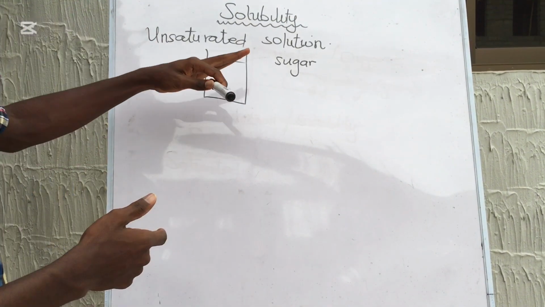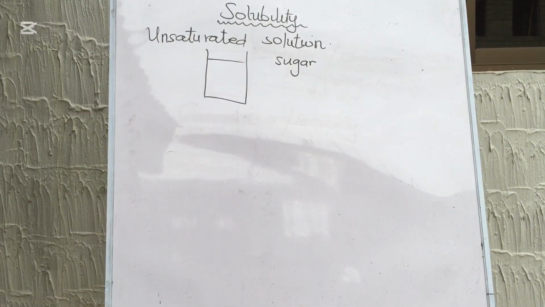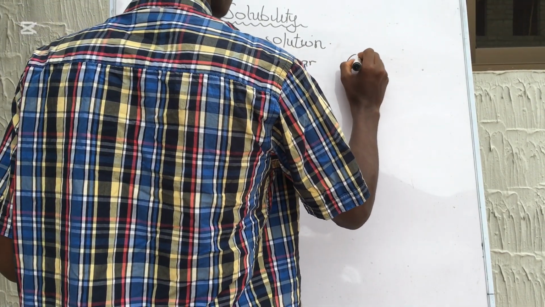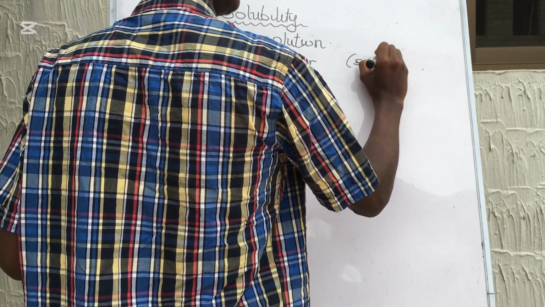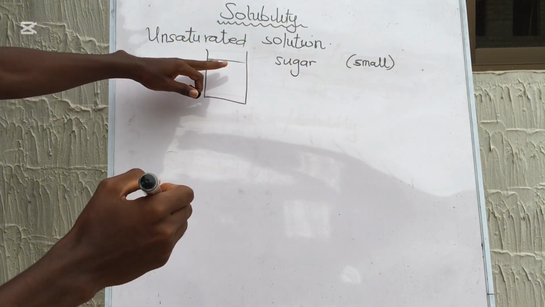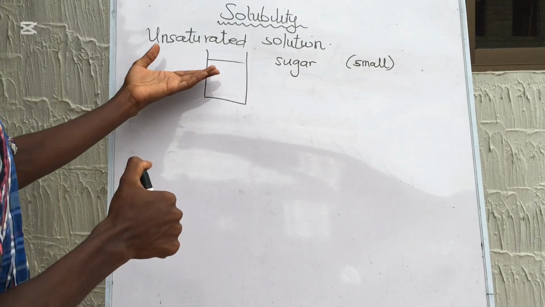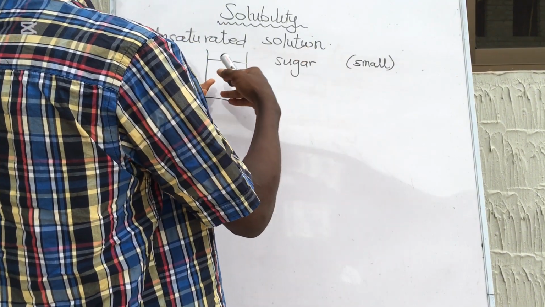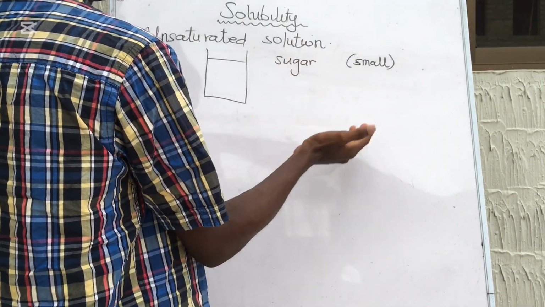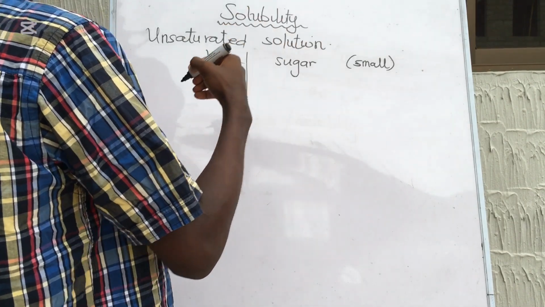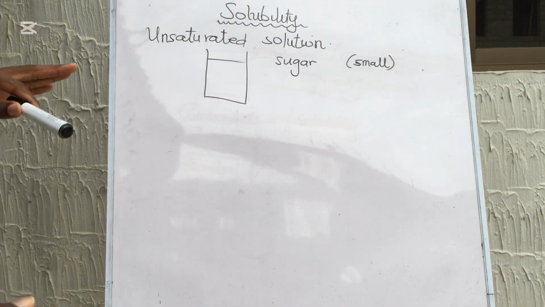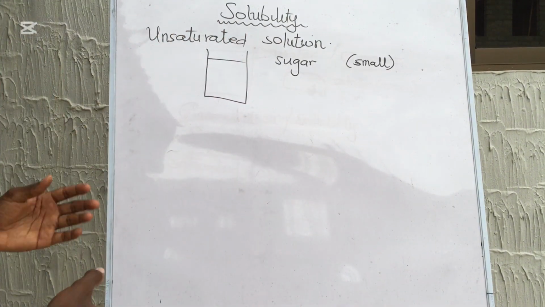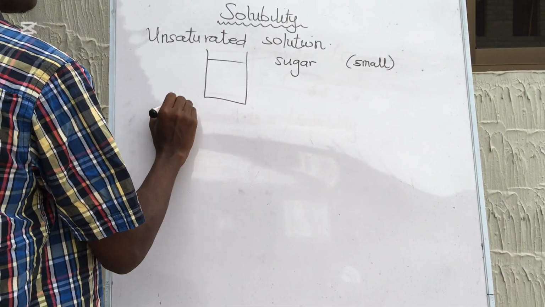Or you can have a salt dissolved in water. If you dissolve a small amount of sugar in the solvent, then we say the solution is unsaturated, because you can still add some sugar and it will still dissolve. An unsaturated solution is a solution that can still dissolve an extra amount of solute.